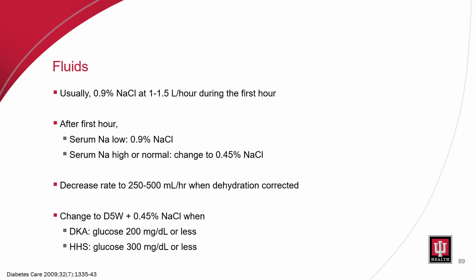And then we will add dextrose in the form of D5W to our fluids whenever the glucose drops below 200 milligrams per deciliter or less in DKA, or 300 milligrams per deciliter or less with HHS in order to prevent any hypoglycemia. And this will often be added to our half normal saline.